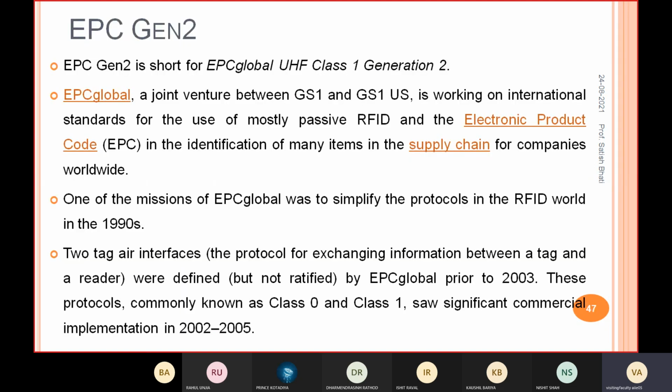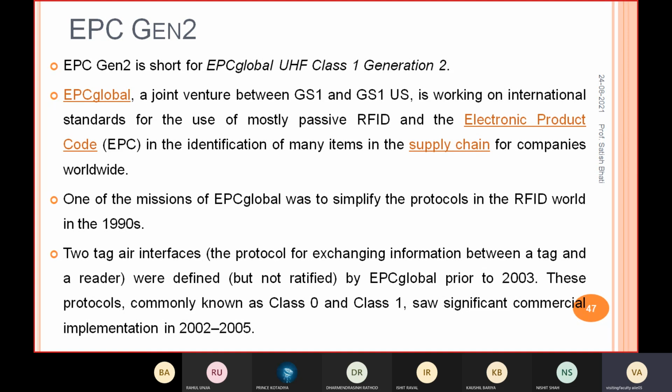So if we talk about this EPC Gen 2, as we saw in the last slide, EPC Global UHF Class 1 Generation 2, its short form is EPC Gen 2. This protocol is given by EPC Global, a joint venture of GS1, a US based organization, which is working on international standards for the use of mostly passive RFID and the EPC, Electronic Product Code.